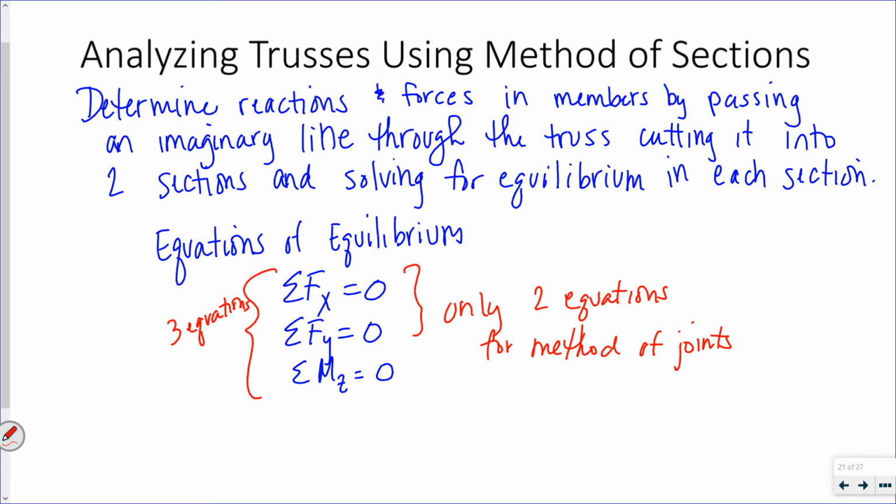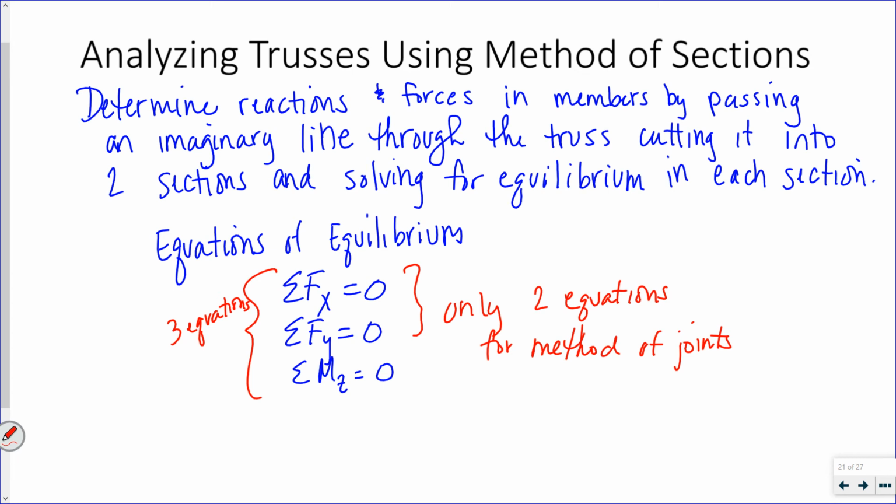I'll still not be allowed to have a moment transferred at my pinned connection, but my entire structure, or my entire section, has to have the sum of the moments equal to 0, if that makes sense. So the sum of the forces in the x direction is equal to 0, the sum of the forces in the y direction is equal to 0, and the sum of the moments around z is equal to 0.